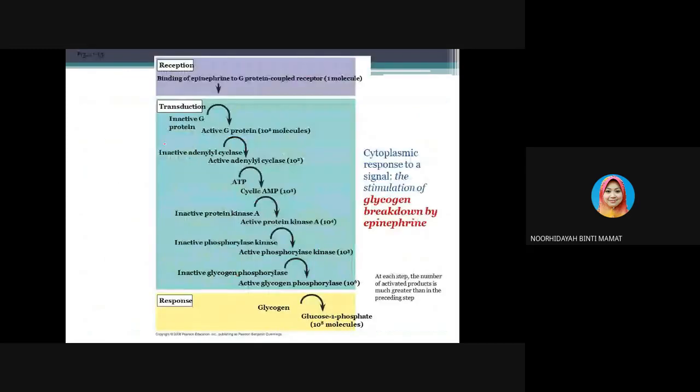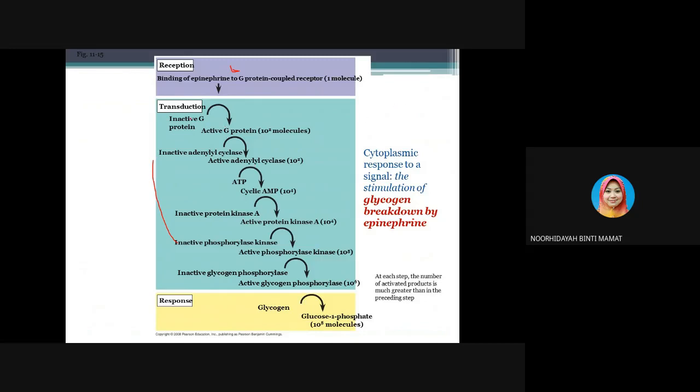So this is the reception, where the binding of the epinephrine hormone to the G protein-coupled receptor occurs. One molecule binds to one receptor. Then we go to the transduction process, where we have a multiple-step pathway.